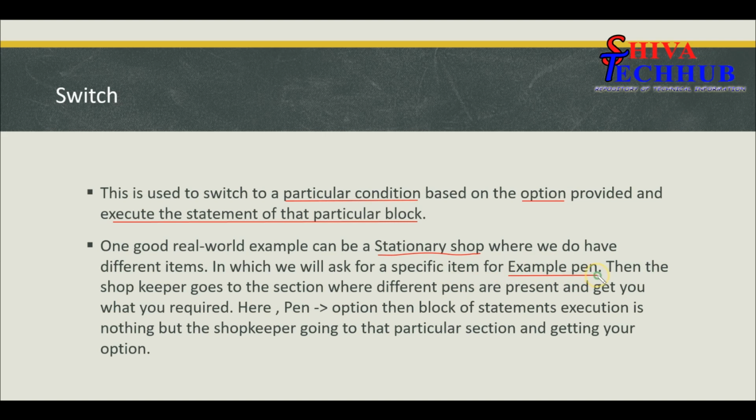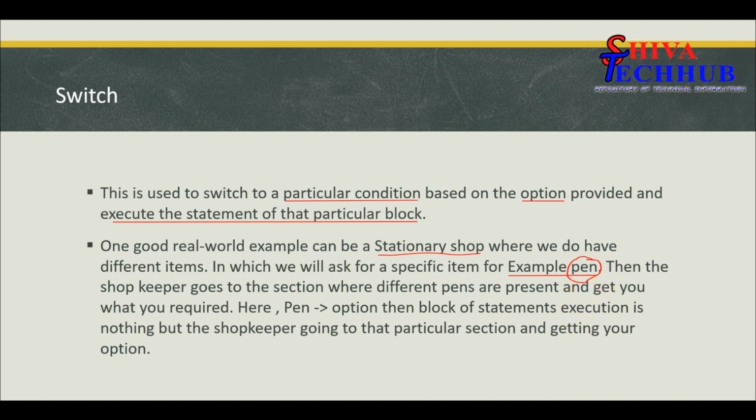Let us take pen as an example. Whenever we ask the shopkeeper that I need a pen, this is considered as an option, out of the many options present in the stationery shop.